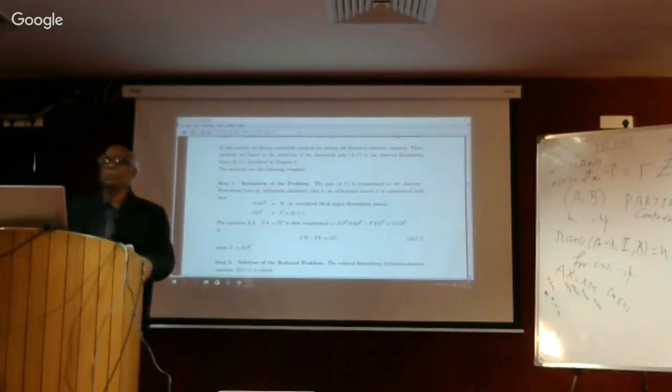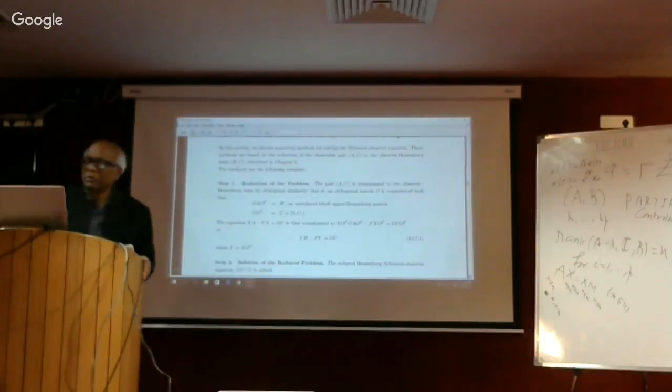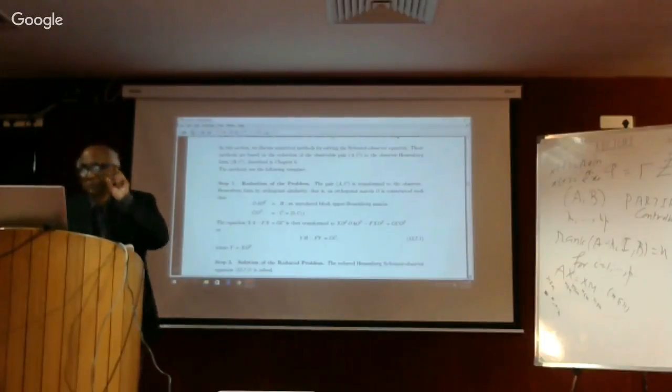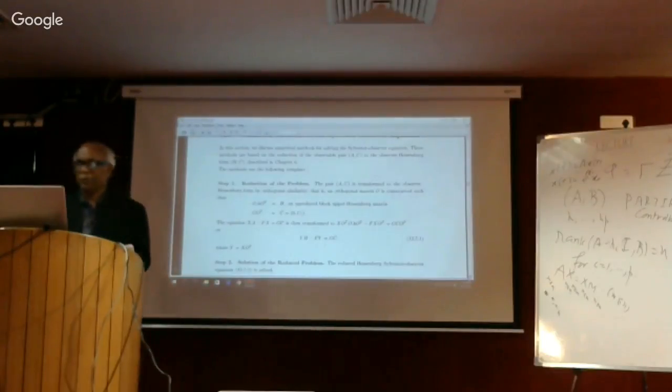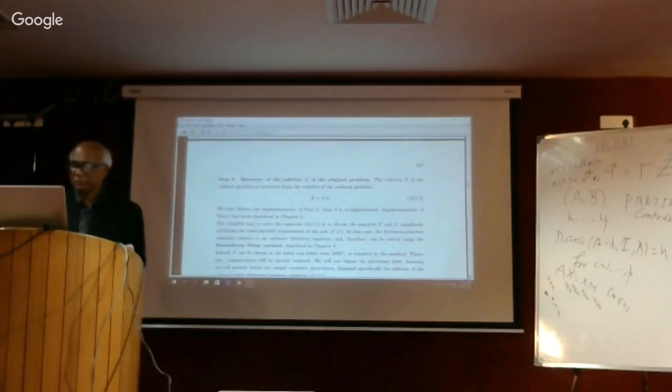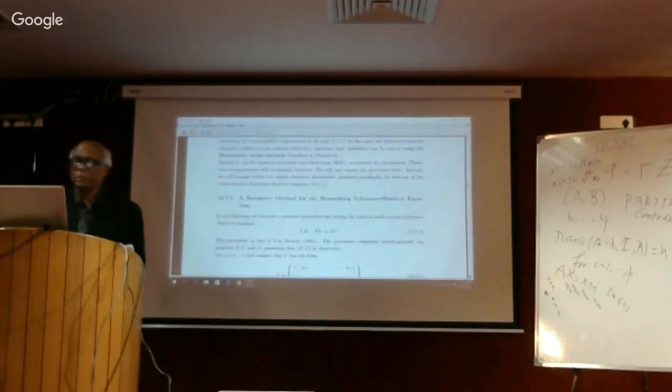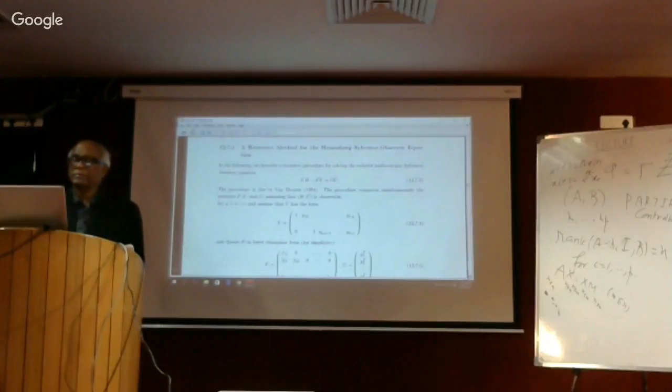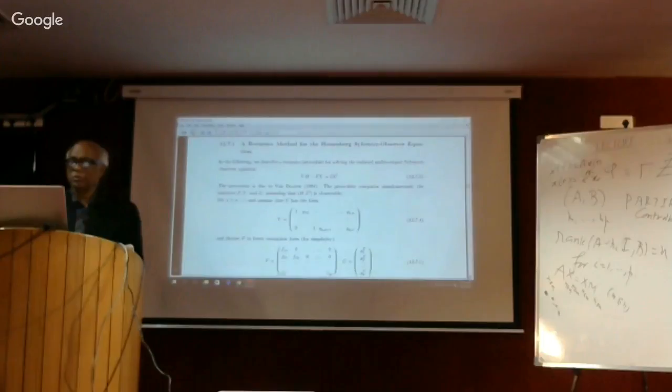So now the problem is how to solve this reduced equation, taking advantage of the special structure of the matrix H. There's a nice algorithm to do that. This is a recursive algorithm, a very nice and very old algorithm.